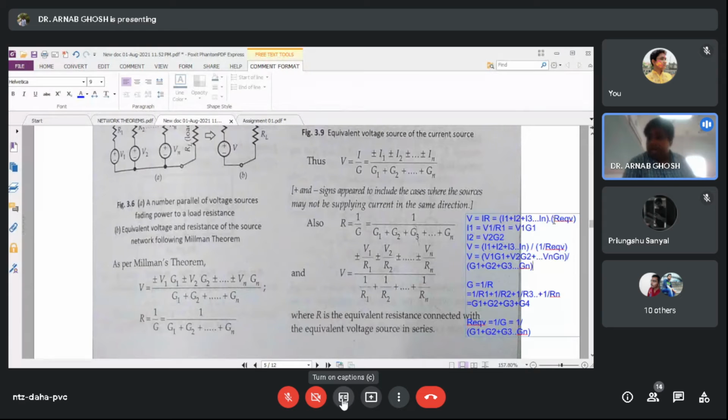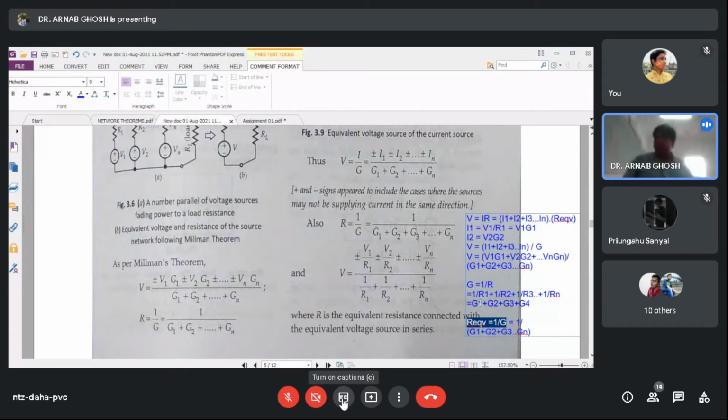R equivalent is nothing but 1 by G. Am I right? So we can just forget about this. We can write this as G, because R equivalent is 1 by G.